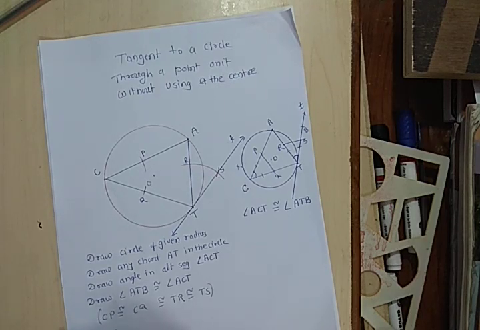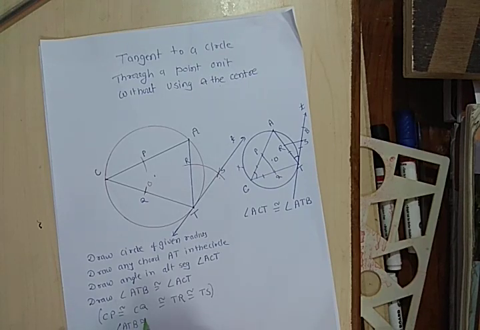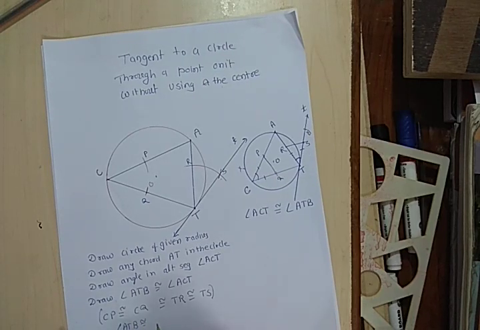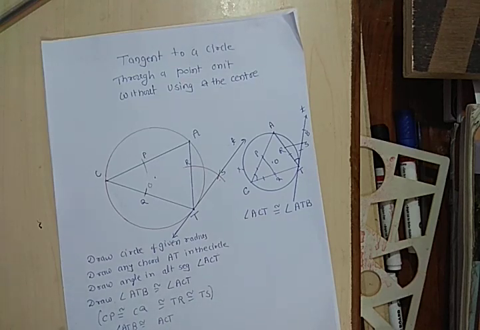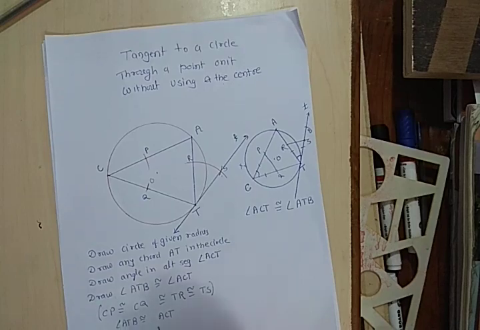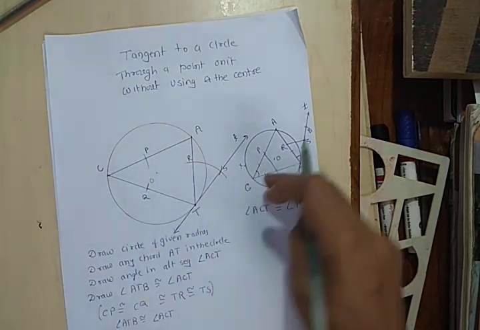This I have explained to you. Angle ATB congruent to angle ACT. By the ISS test, these two triangles are congruent.